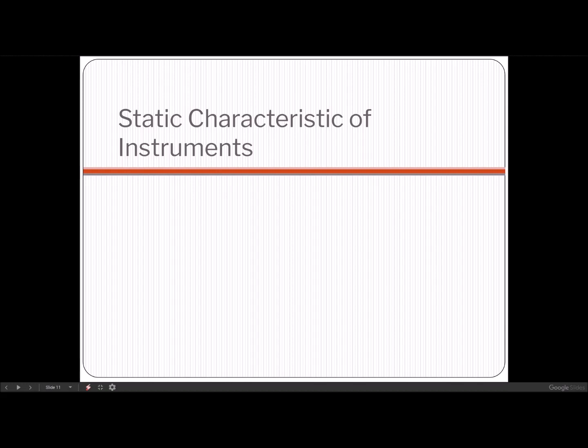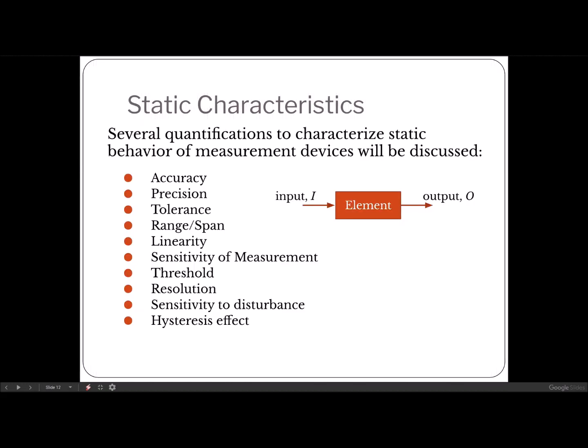Let's start first with static characteristics. There are many static characteristics that we can quantify, we can assess.